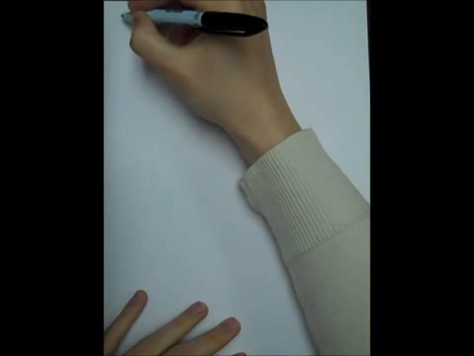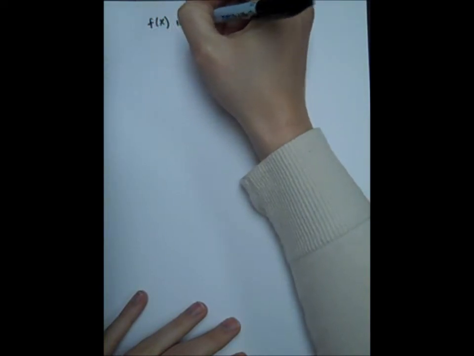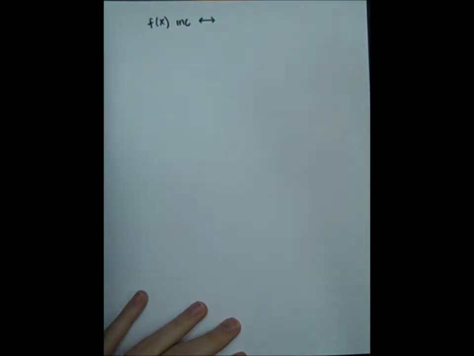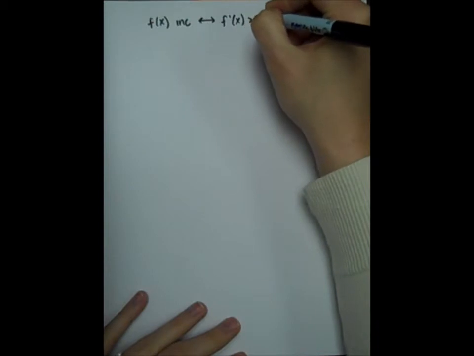So let's write down the corresponding stuff that we have here. If we want to talk about f of x increasing, f of x increasing means that f prime is positive.